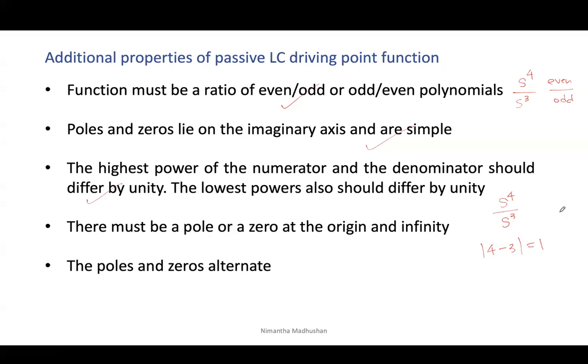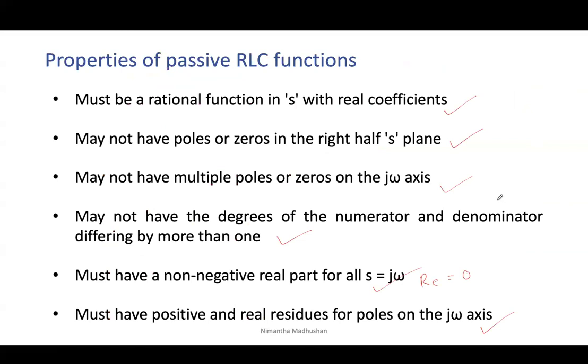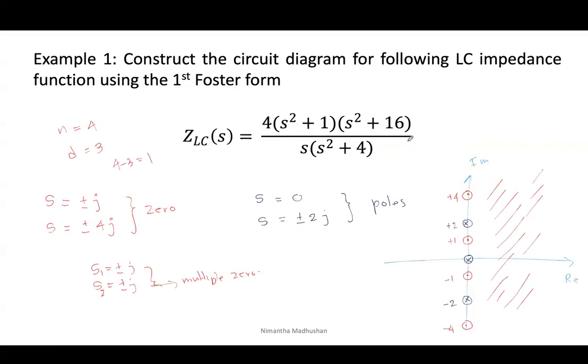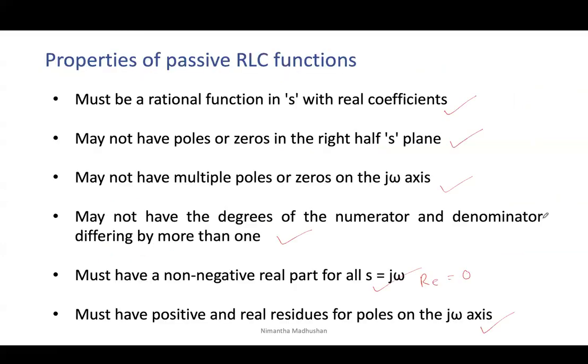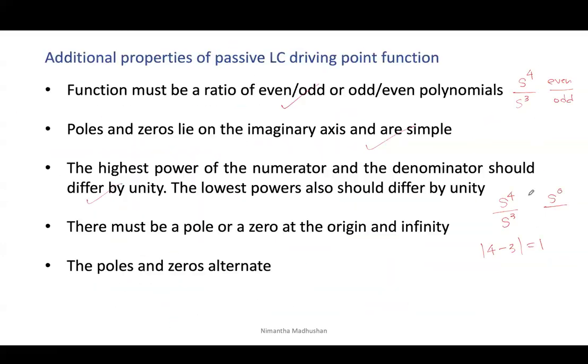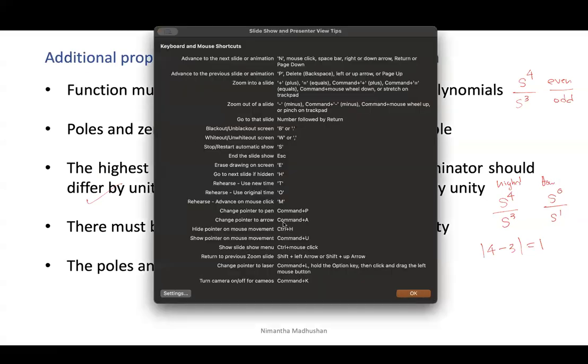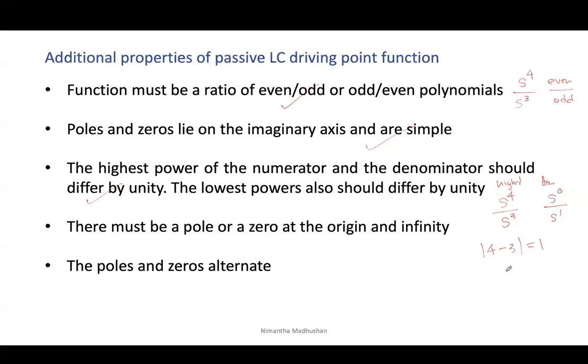If we consider the lowest power, in the numerator the lowest power is s to the power 0, and in the denominator the lowest power is s to the power 1. The difference is 1 minus 0 is equal to 1. Then both the conditions are satisfied.